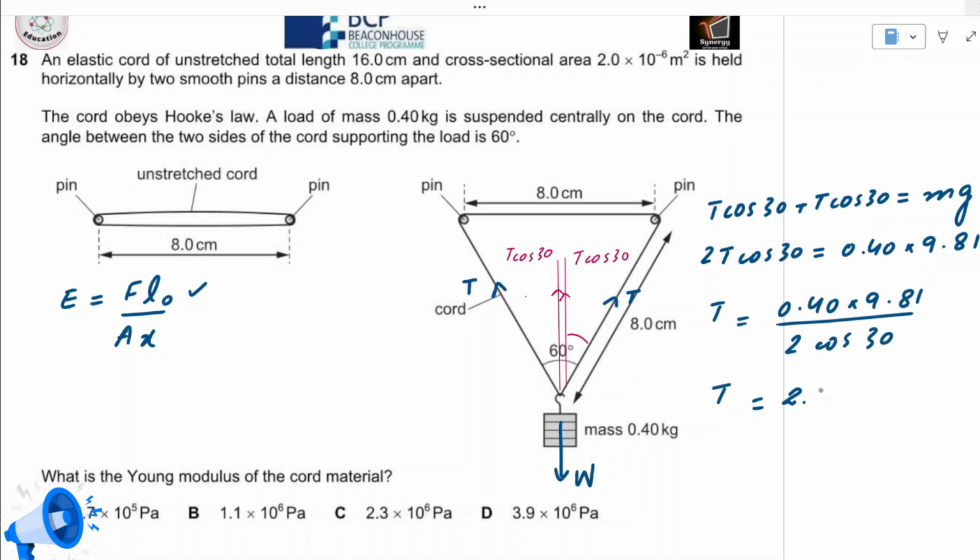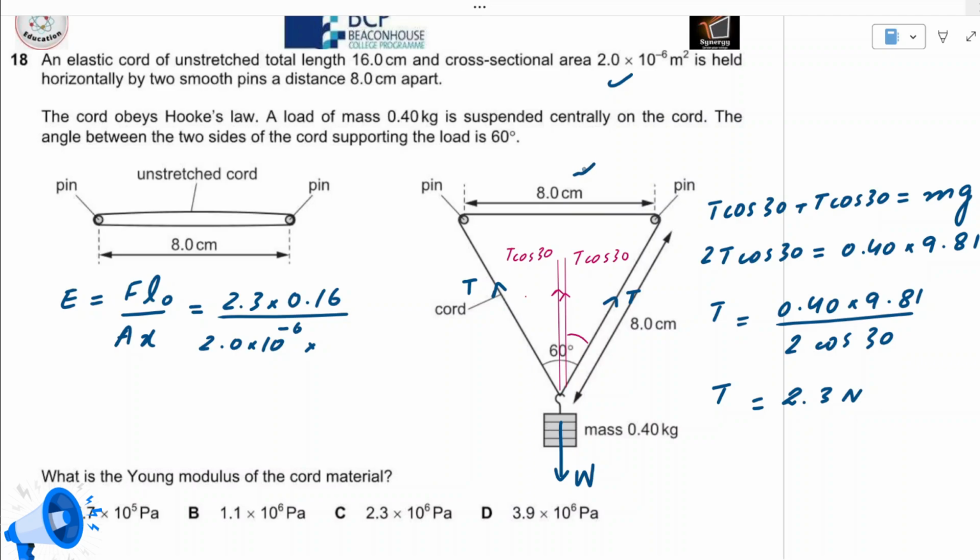Okay, I can use it as 2.3 newtons. So the force is 2.3. The original length is how much? The unstretched length is 16 centimeters, that's what they say. So which is 0.16 divided by the cross sectional area, which luckily is given in square meters, 10 to the power minus 6, and the extension is how much?